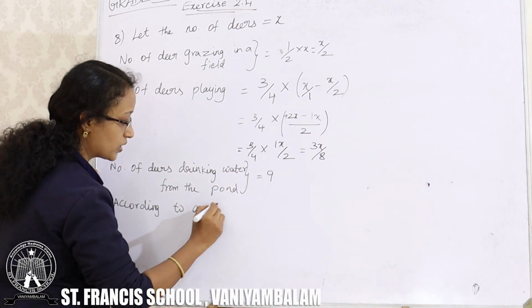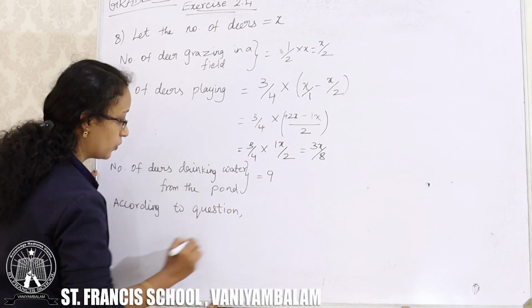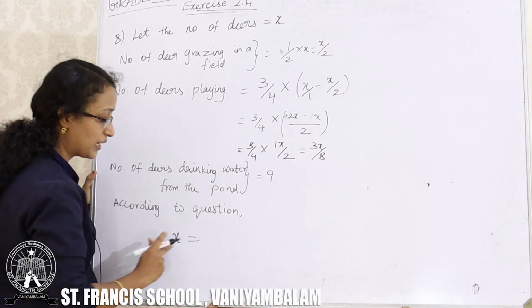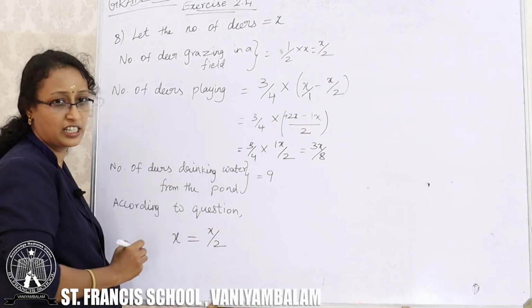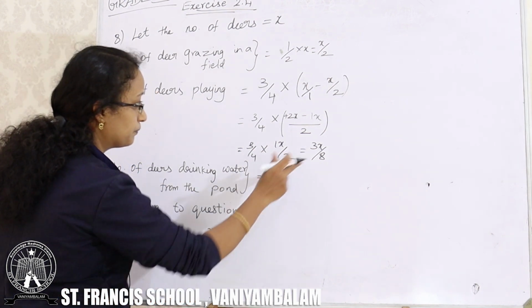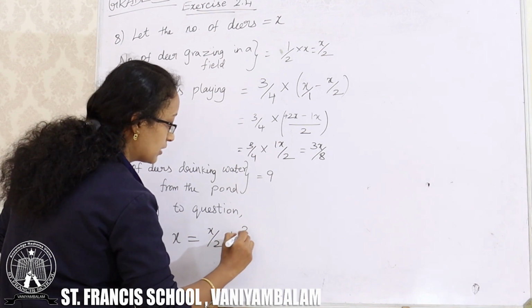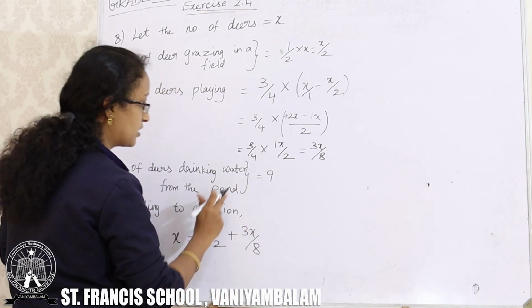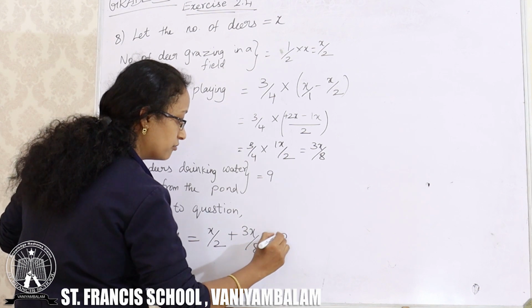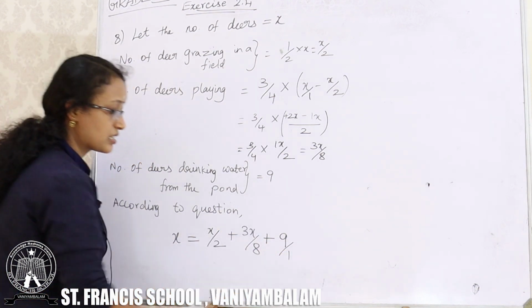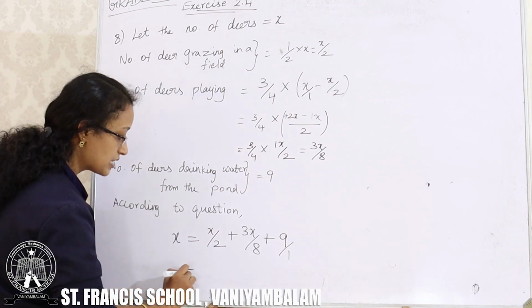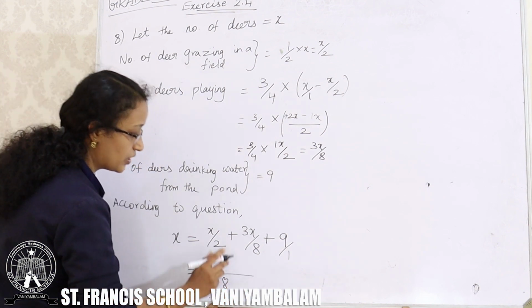So according to the question, you can write the total number of deer x is nothing but half grazing in the field, plus the other one is 3x by 8, plus 9. How will you solve this? You can write it as a fraction and take the LCM.